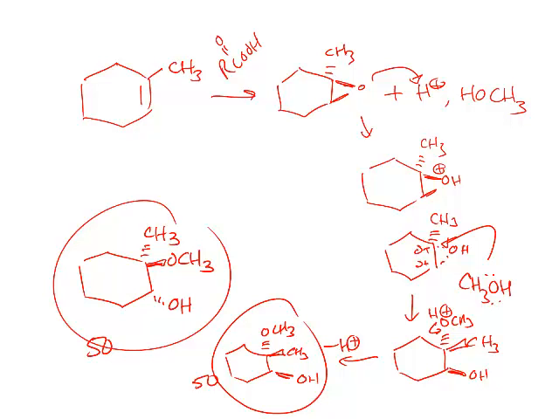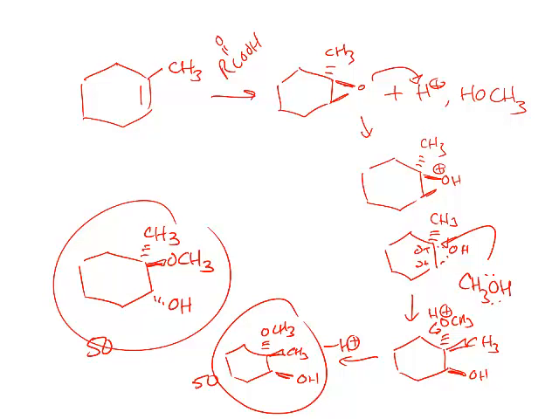Why is it 50-50? Because I made a pair of enantiomers. When do I make pairs of enantiomers that aren't 50-50? You react with a chiral reagent.